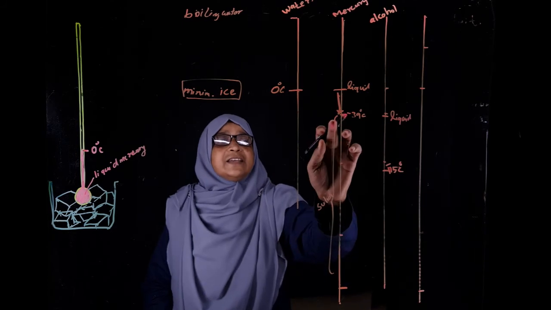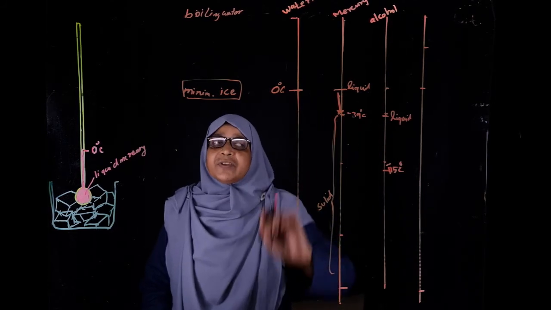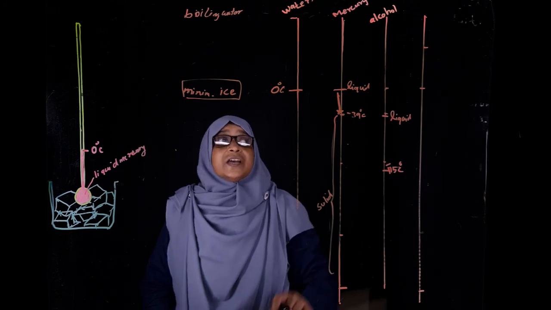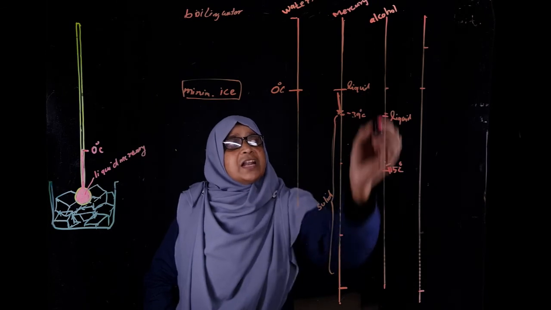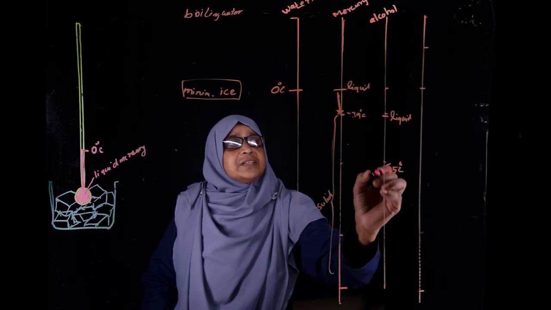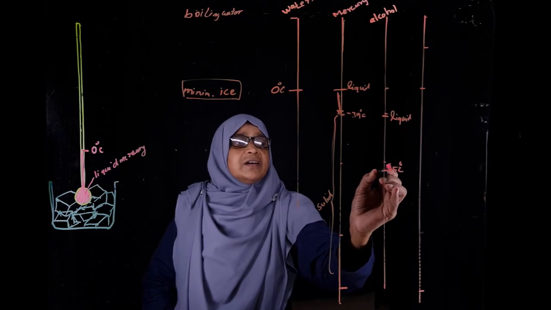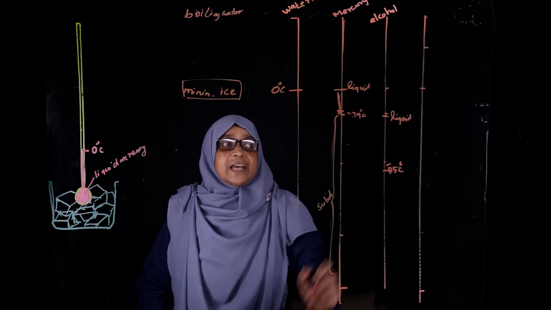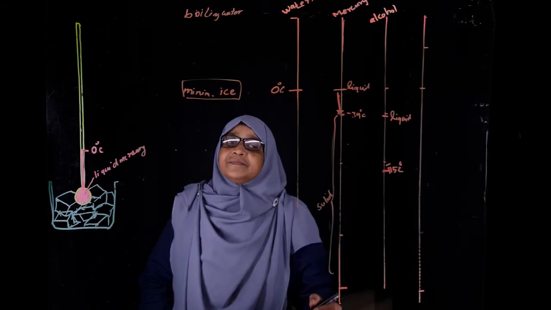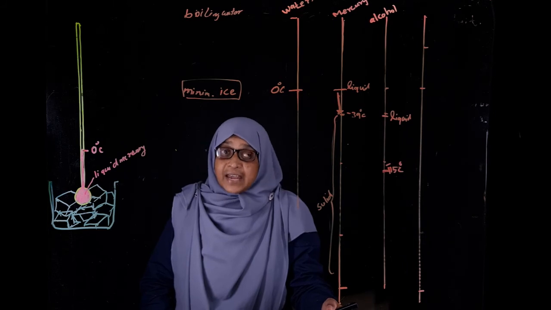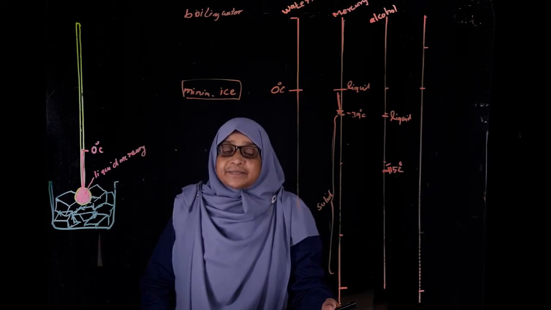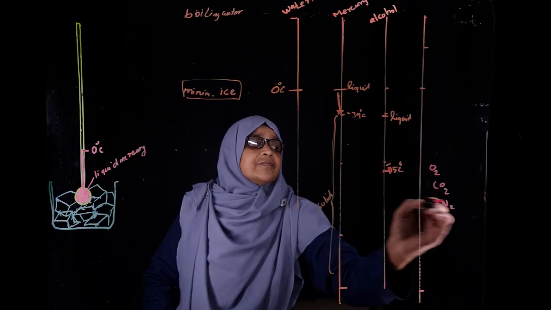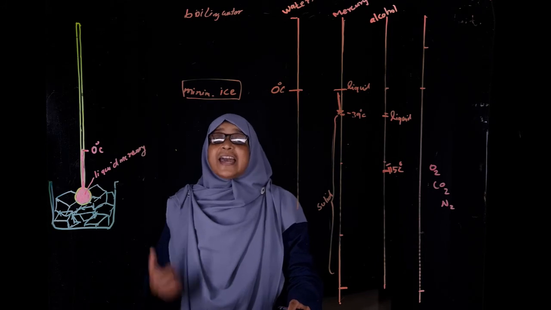So we cannot say this is the minimum value of temperature. If we consider the minimum value of temperature according to alcohol, minus 115 degrees Celsius, at this temperature the atmospheric gases, oxygen, carbon dioxide, all the gases are in the gaseous state.